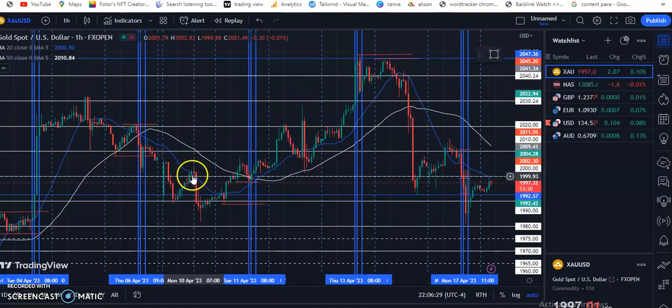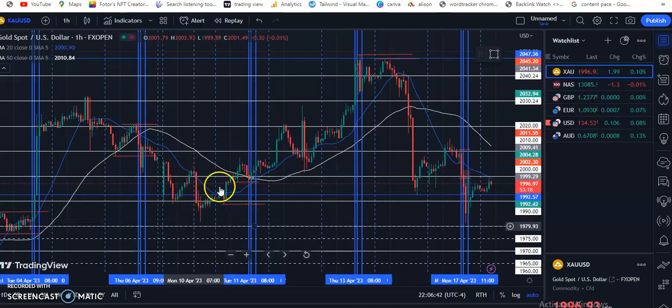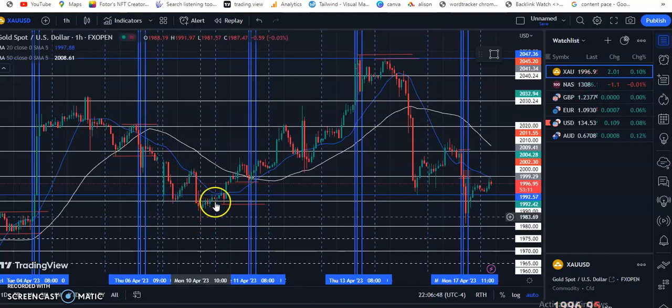We have this low, let's call it the low of the week. After this low, we have our mini W during the New York session of the previous day and the Asian session of the next day.